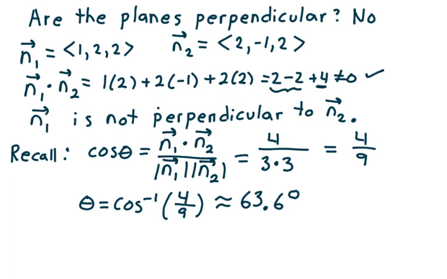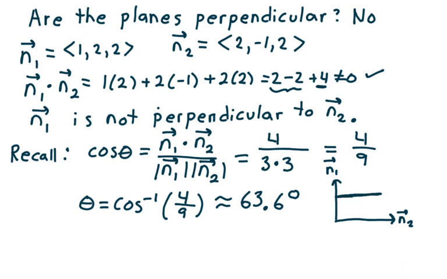I want you guys to notice something. Let's draw a picture. Here's n1. Here's n2. Now, by design, if you can imagine, n1 is perpendicular to plane 1. So we'll say this is plane 1.